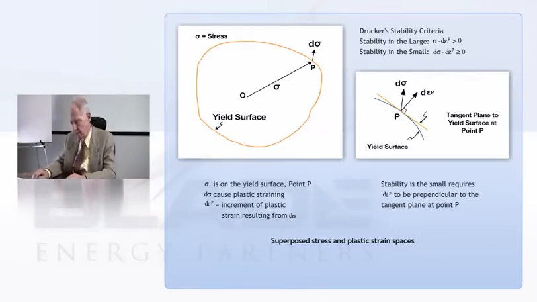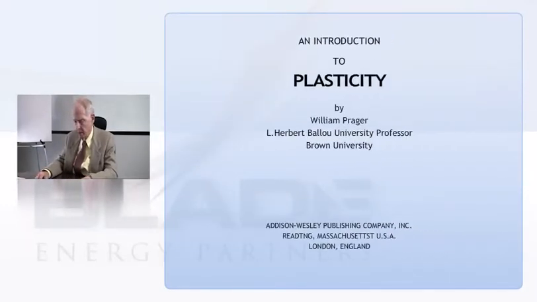There's also, if you fiddle around with this a little bit, using the two-step load to get to the point P, you can show that the yield surface has to be convex, because otherwise you would violate these conditions. So if you think about that, all the yield surfaces you're apt to find are going to be convex.